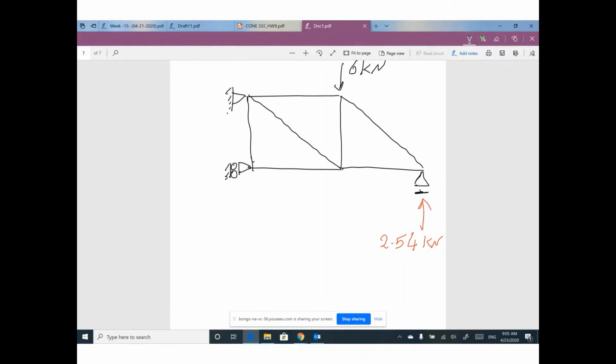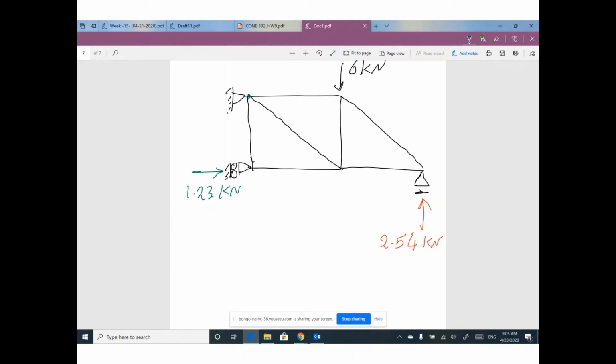Okay, let's start. If you take moment at this one, so 6 times 4 minus 2.54 times 8, divided by 3. This reaction will be in this direction, 1.23 kilonewton.